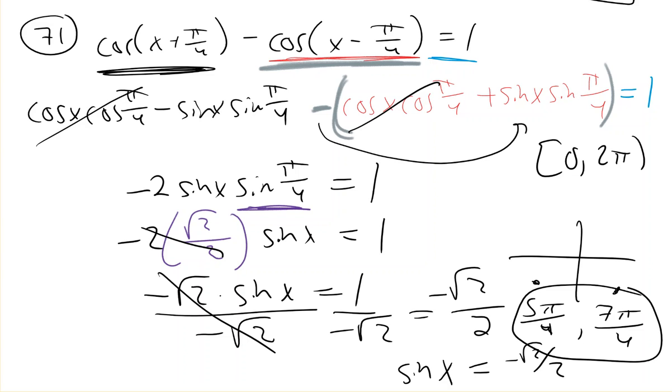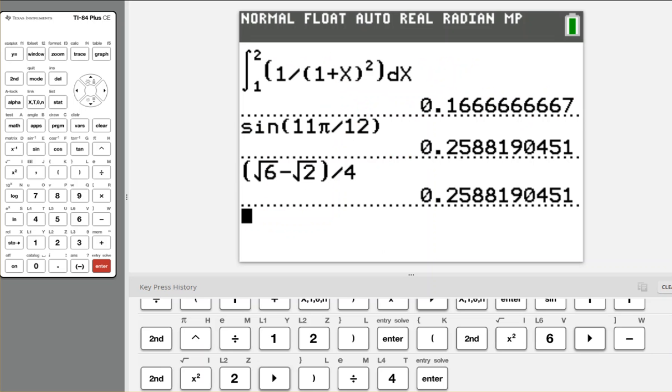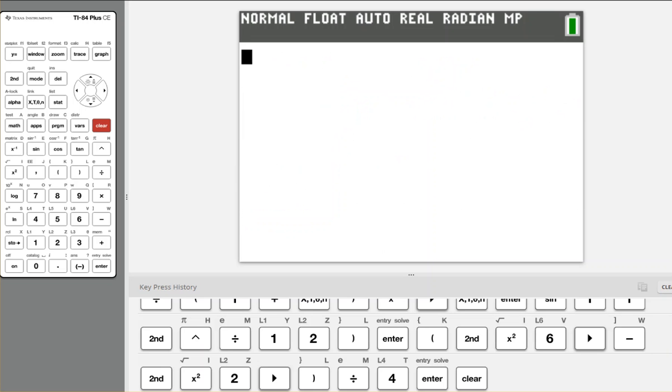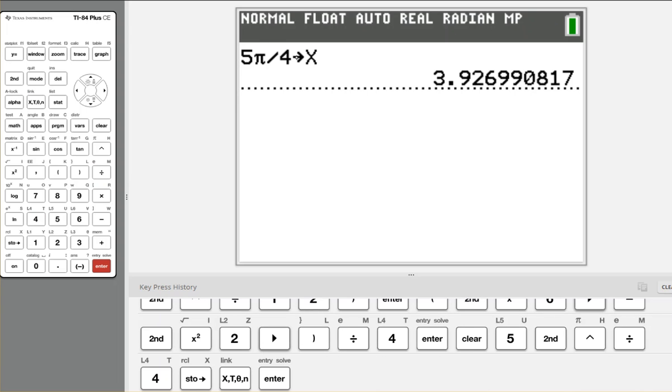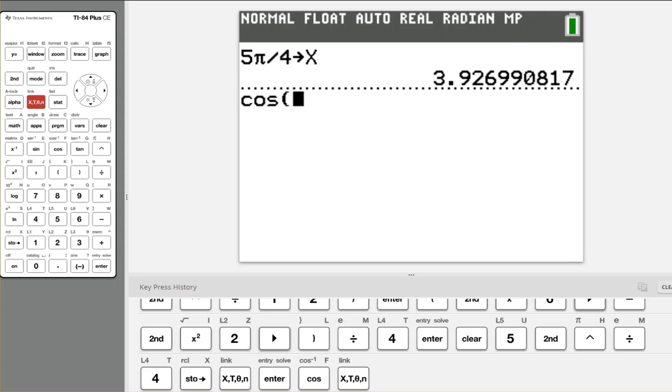Now, you can check these. Not everything we did in this section is checkable with the calculator. A lot of times it's easier to just plug it in and do it in your head than with the calculator, but I'll show you how you could use the store button again, because that's really useful here. If your calculator's in radians, and you think 5 pi over 4 is a solution, store that in as x, just hit this little store button, and then type in the original question.